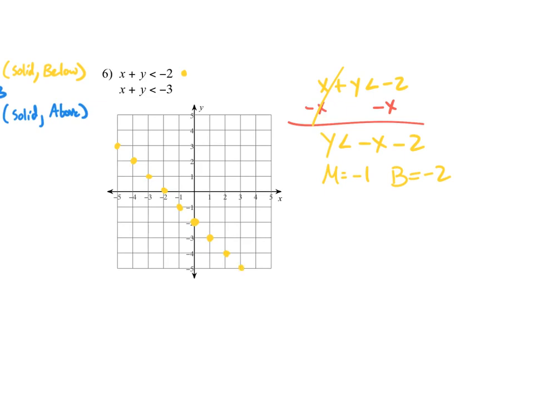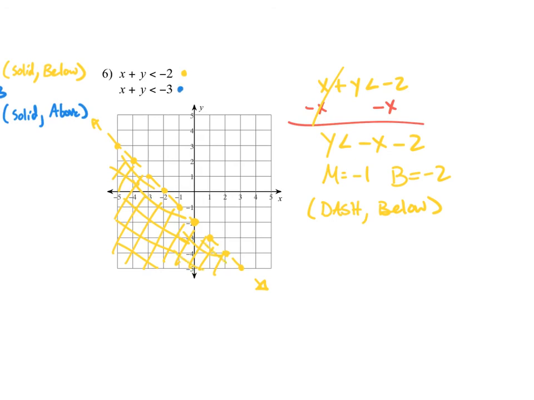And as you look at it, this is going to be a dashed line. So you make your dashes through it. Okay? And then you want to shade where? Well, as you look at it, remember you've got to use the new simplified one. It says y is less than, so you're going to shade below. Okay? So there it is, shaded below.